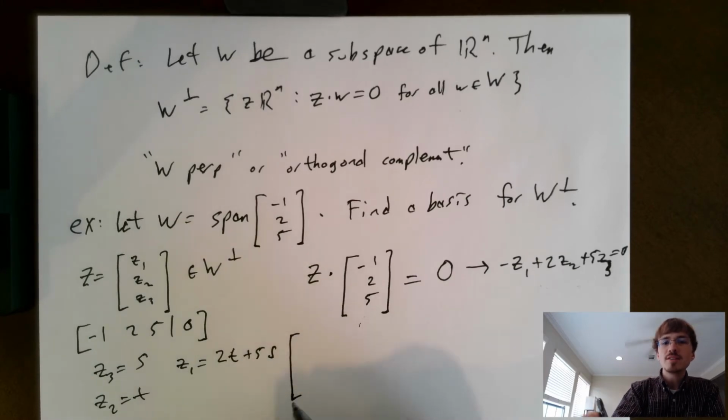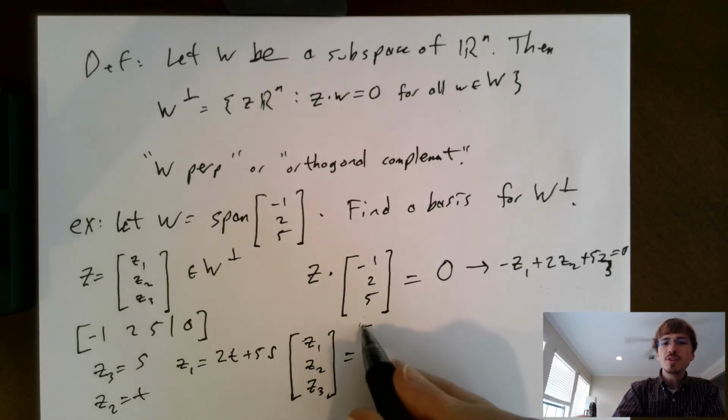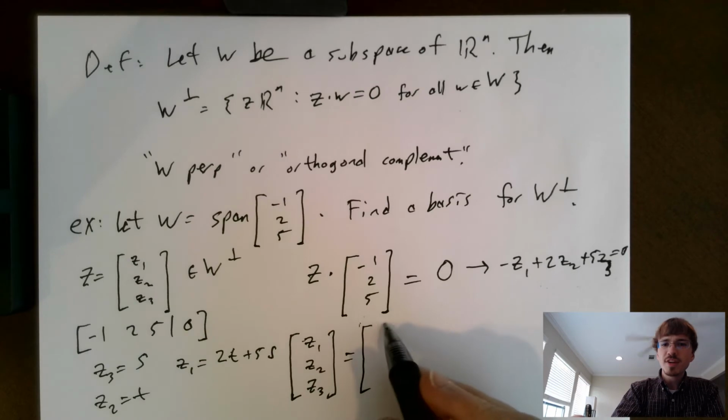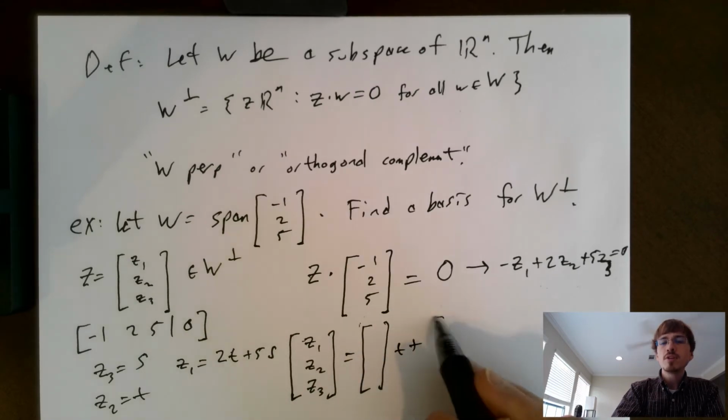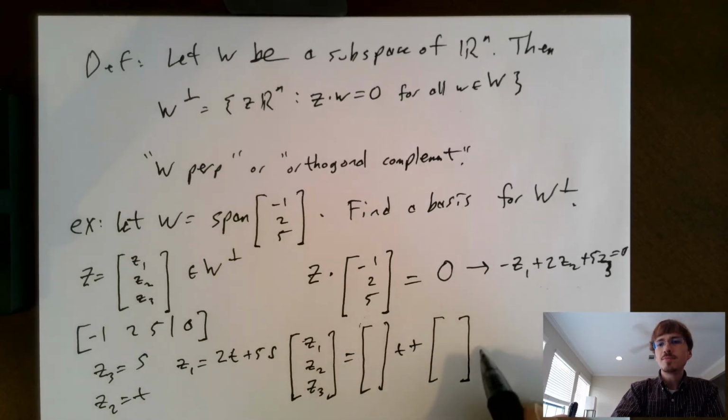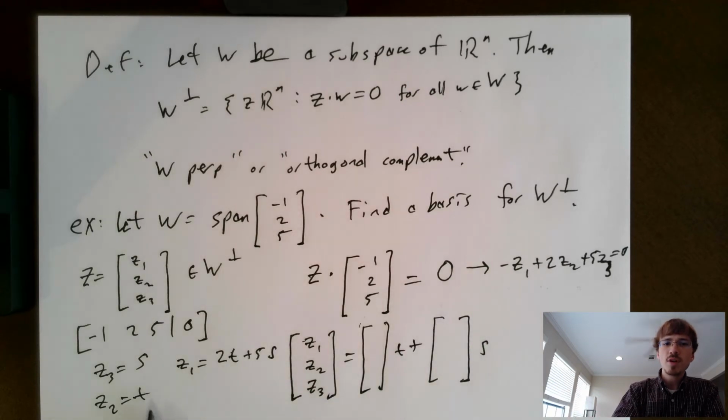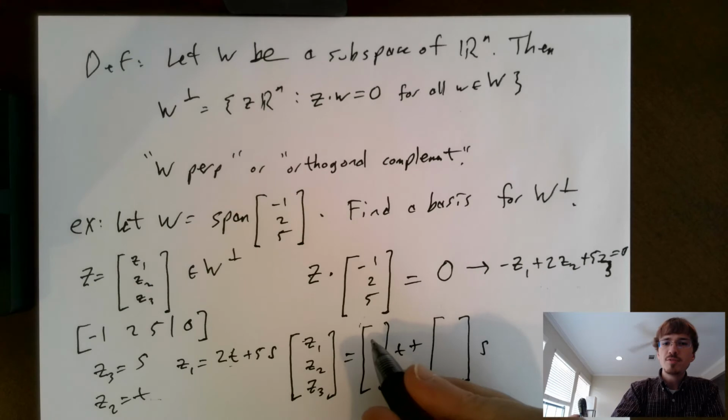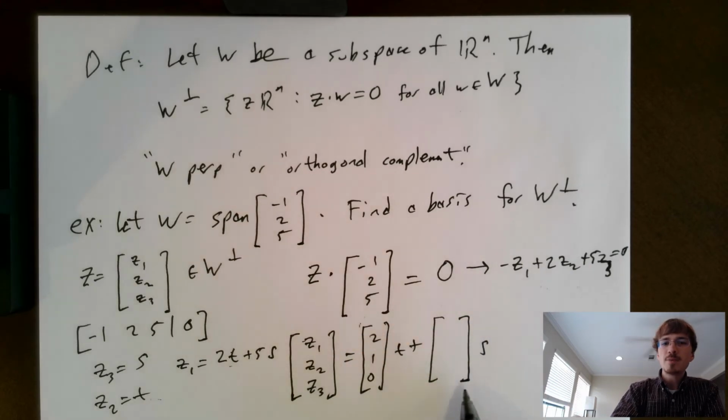We have that my vectors Z1, Z2, Z3 that live in W perp have to really be a vector times T plus a vector times S, right? How many T's are there? I see 2, 1, and then 0 of them. How many S's? I see 5, 0, 1.